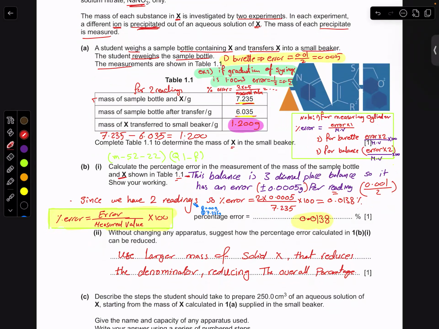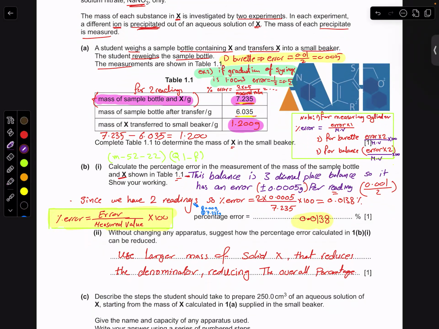Since we have 2 readings here, he is talking about the measurement of the mass of the sample bottle and X. Only this part, which is this reading.